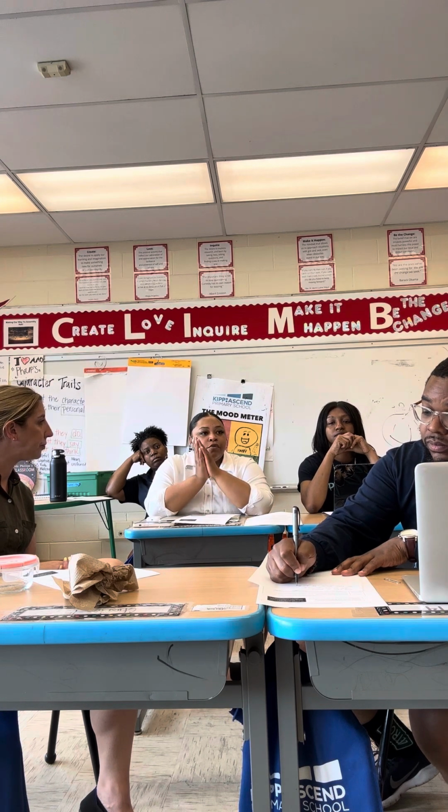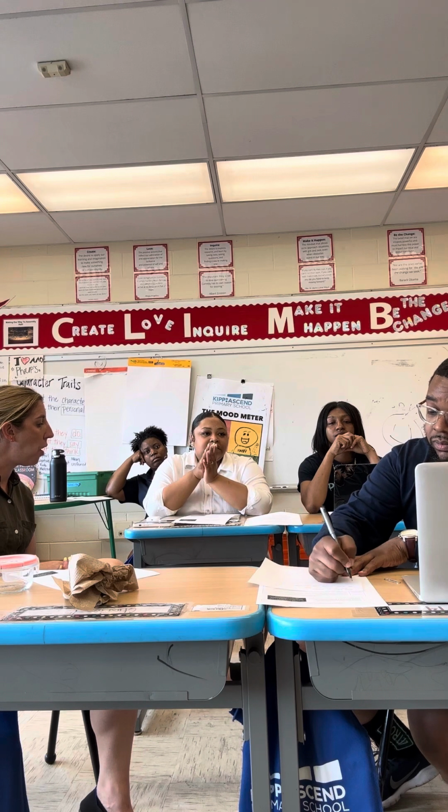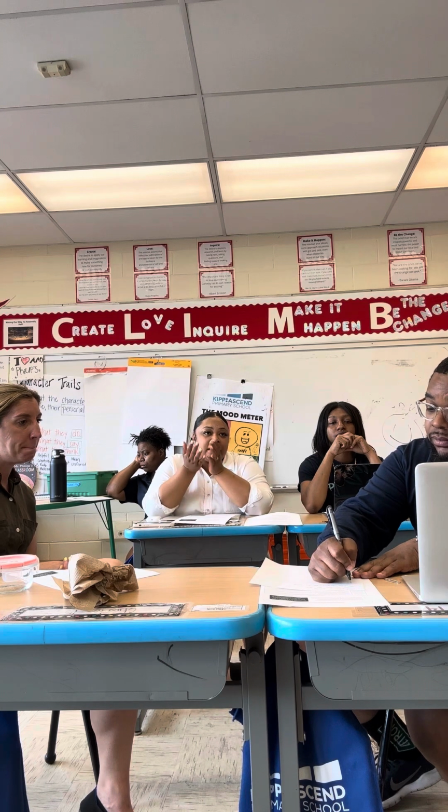You know, what is this character doing? What is the setting? What's the problem? And we can't have that dialogue yet if they're still trying to decode and actually read, right? So that's the only thing with trying to do the same lesson with all of them, and that's why I mix it up.